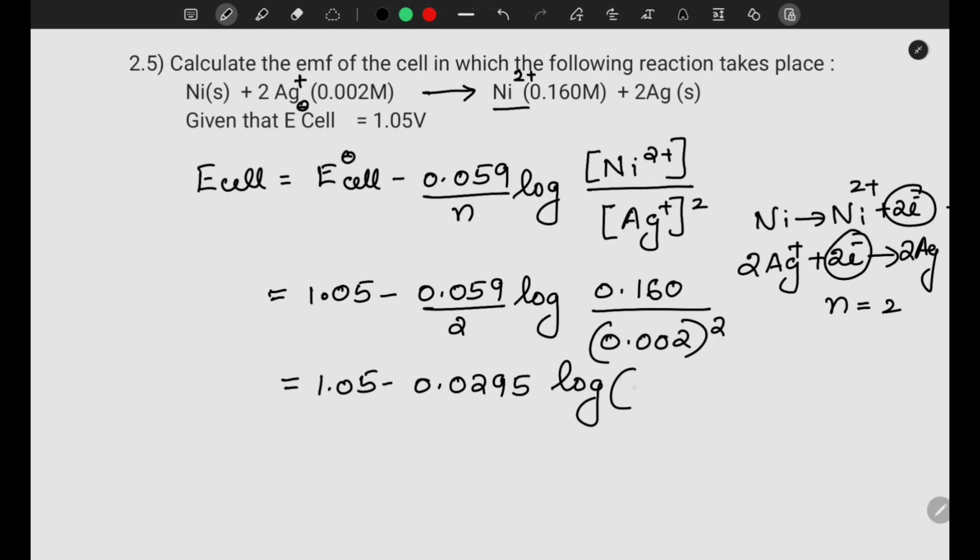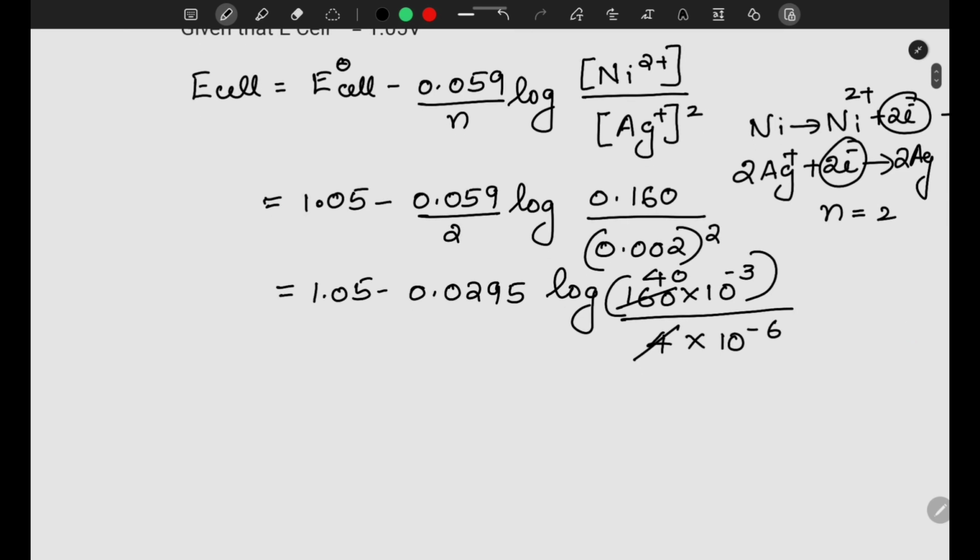0.160, we can write 160 into 10 raised to minus 3 divided by denominator 2 into 10 raised to minus 3 the whole square, that is equal to 4 into 10 raised to minus 6. So when we simplify, we will get here 40, and 10 raised to minus 6, when we take to the numerator, it will be plus 6, and we will get 40 into 10 raised to 3.